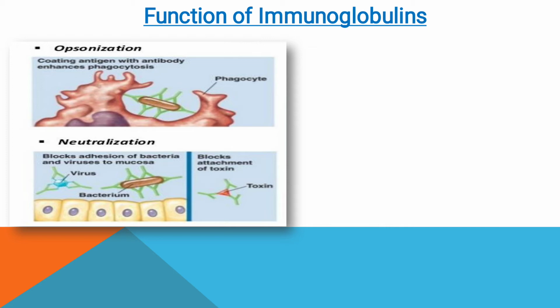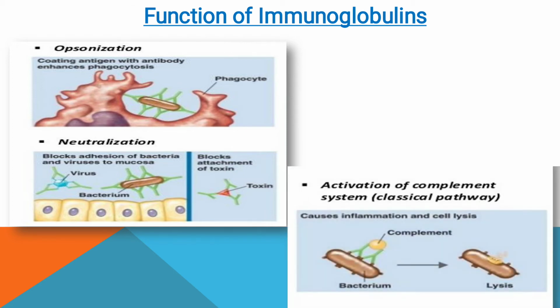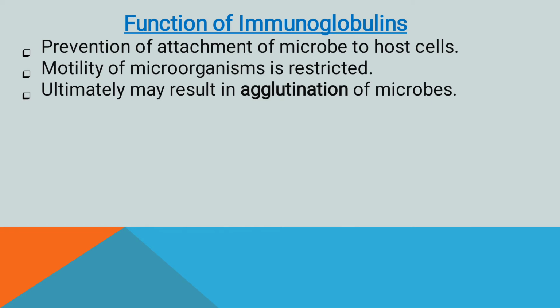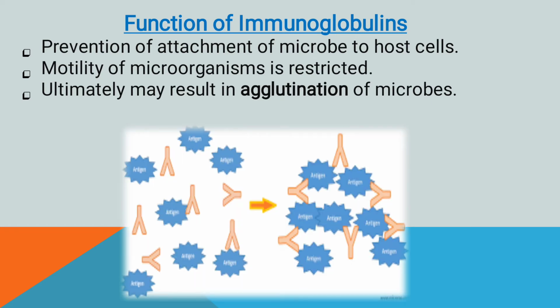Next, another function is neutralization. Immunoglobulins help in the neutralization of toxins and toxoids. Coming to the next function, immunoglobulins also help in the activation of the complement system, and they prevent the attachment of microbes to the host cell, thus preventing further damage.